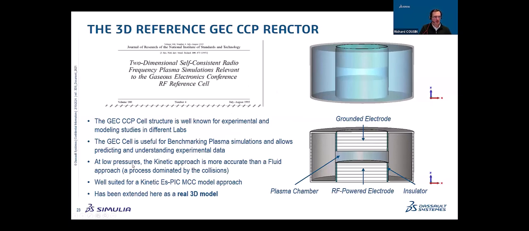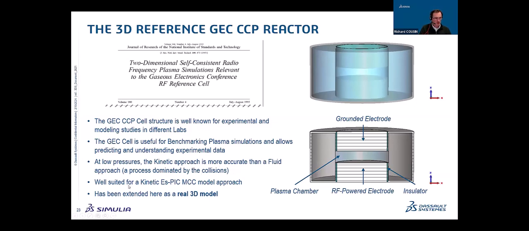At low pressures, the kinetic approach is much more accurate than a fluid approach, because in this case we are not neglecting anything. We are really taking into account the real process that we have in the reactors, because the process is really dominated by the collisions.